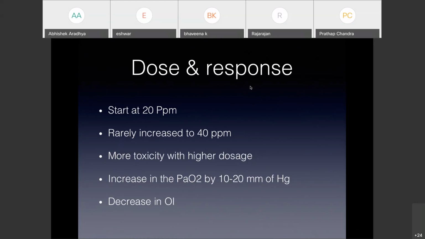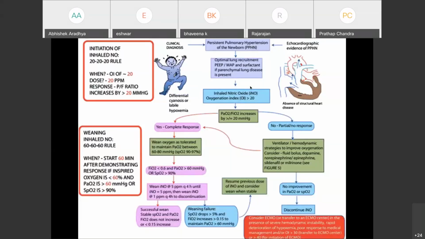So every time you do 4-hourly or 6-hourly arterial blood gases, make it a point to measure the oxygenation index. If you measure oxygenation index, you will know whether you are winning the situation or whether you're actually losing. So if you look at this diagram again, hats off to Dr. Satyan to come out with these kind of diagrams.